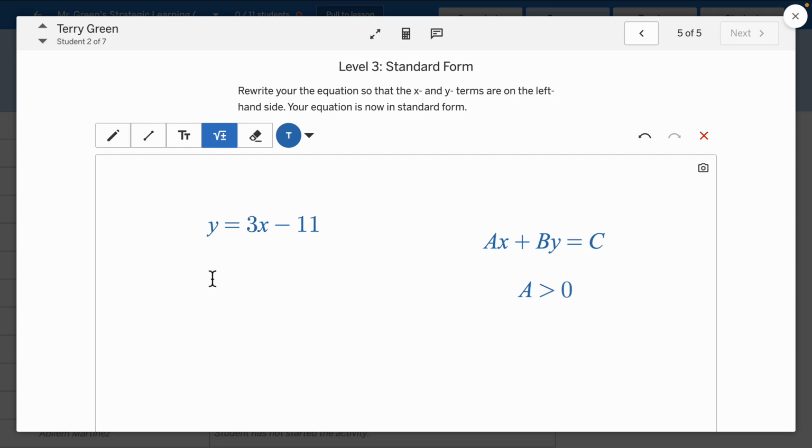So that means I need to subtract 3x from both sides. I'm doing that so that I can get my x and y on the same side.